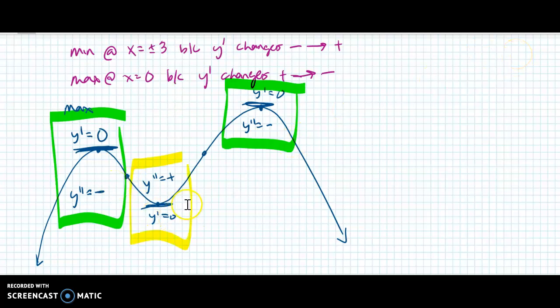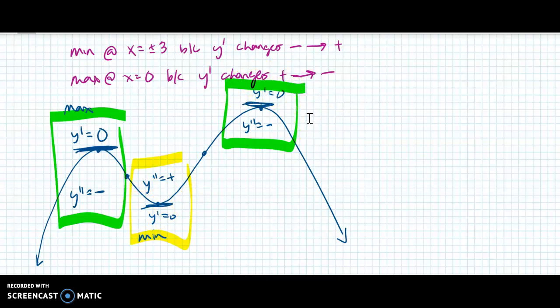Well, I need y prime equal to 0, and I need the second derivative to be positive, right? So if you think about it, anytime I have a second derivative that's positive and a first derivative that's 0, I have to have that minimum. Same thing goes with this. I have to get a maximum.